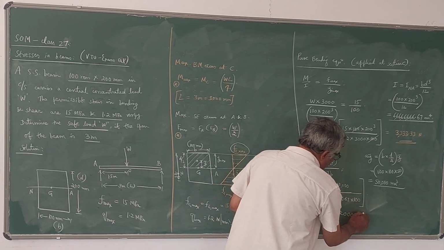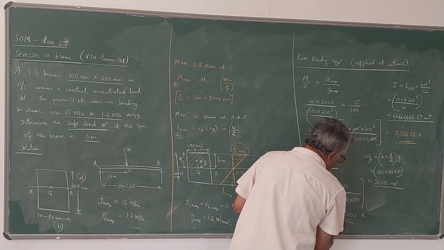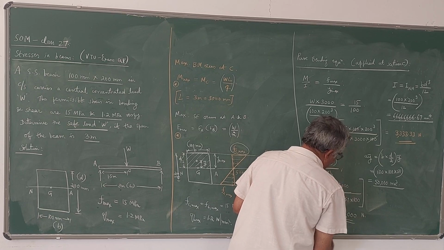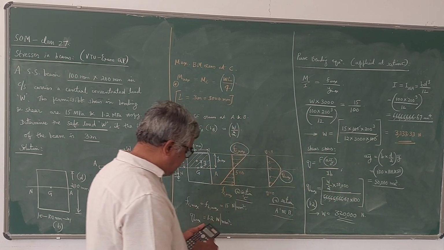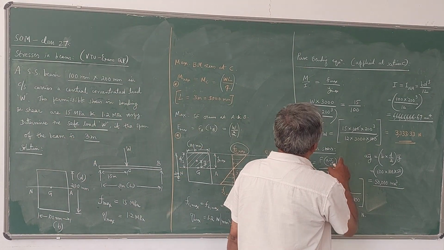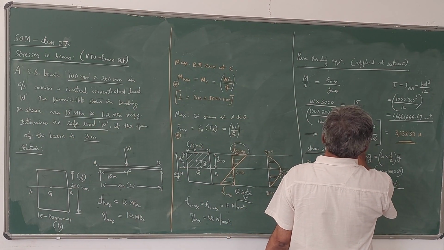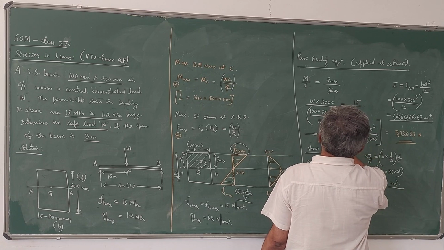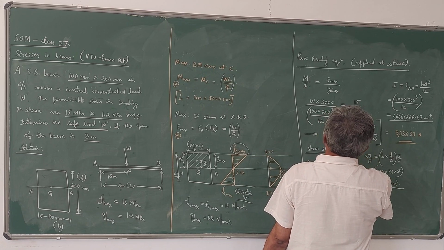Of course this is also in newtons. Both the values should be in newtons. So in the first case we got this much: 50 into this divided by 6,000.